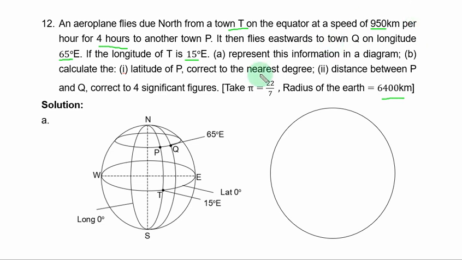Solution. So I want to illustrate the information in a diagram. You start by drawing the earth as a sphere and you draw the two principal axes, that is north-south and east-west.